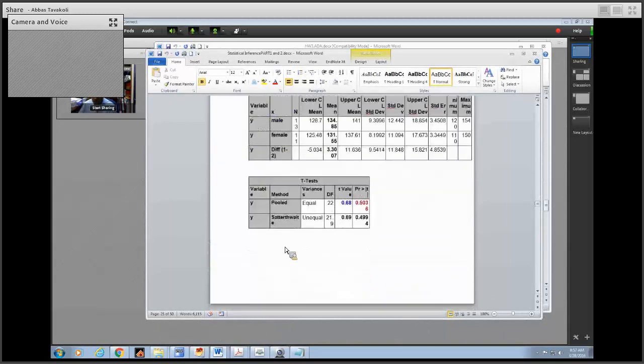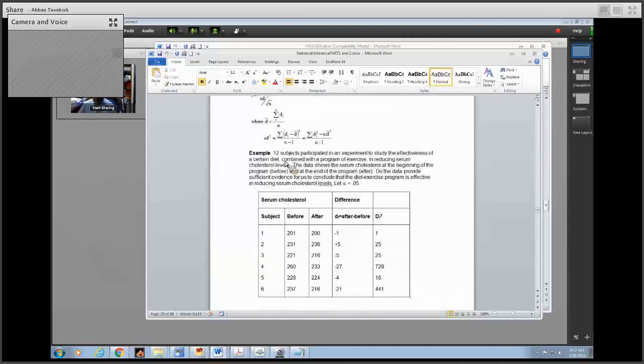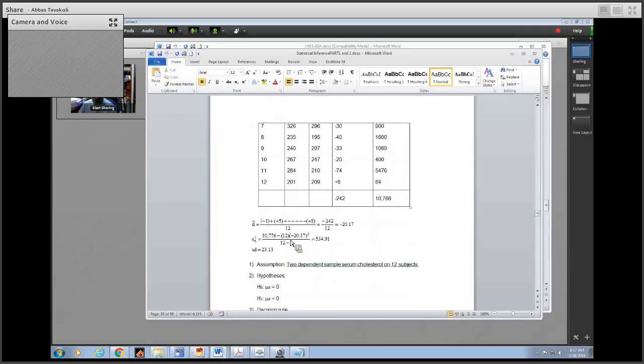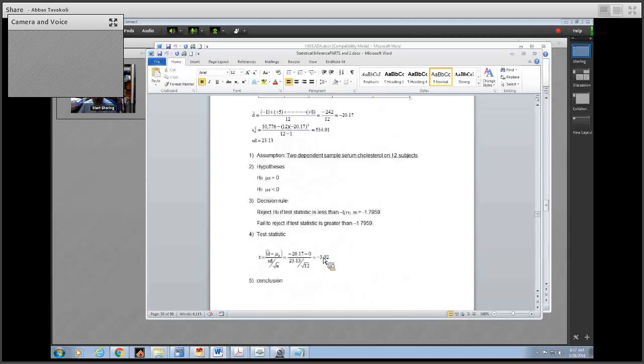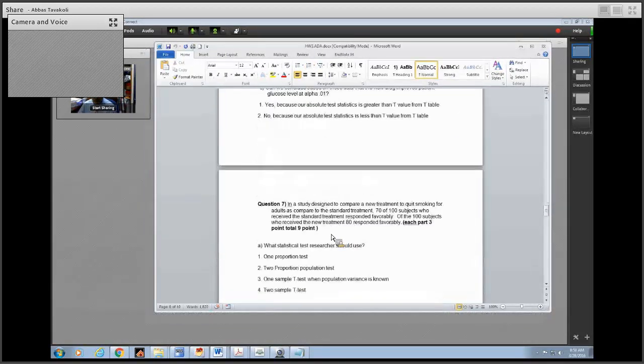Problem 6, basically we have a before and after situation, baseline A1C, for 10 patients. What kind of statistic are you going to use? Remember, these are dependent and they are matched. I ask you to calculate the T statistic and then do the hypothesis test.